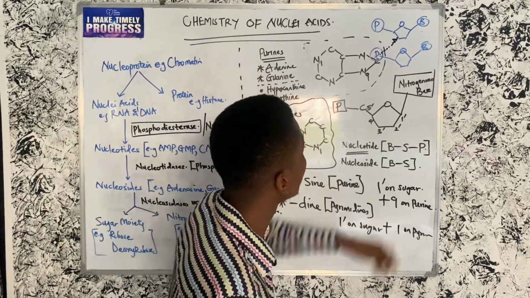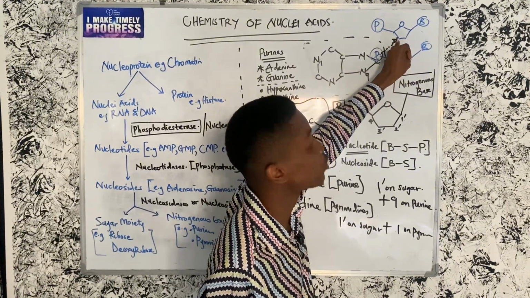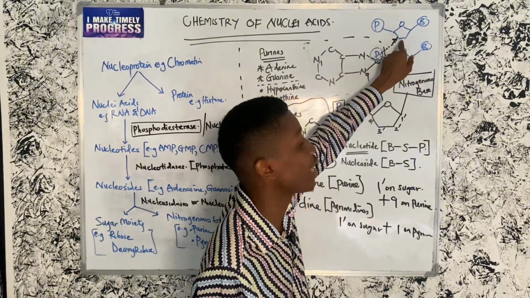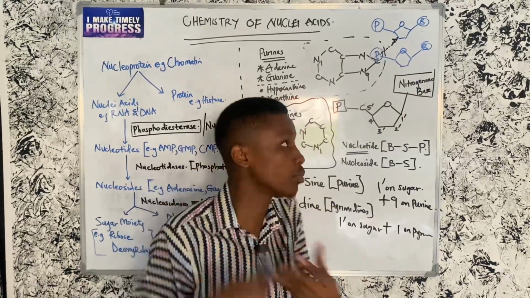So you always have a bond between the hydroxyl group on the number 3', which was found in the ribose of the previous nucleotide. Understand something?